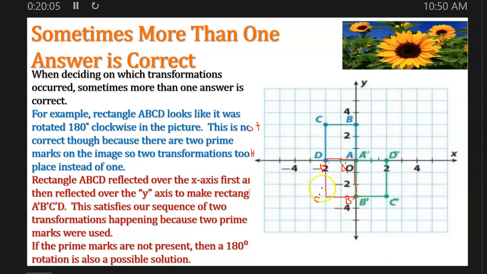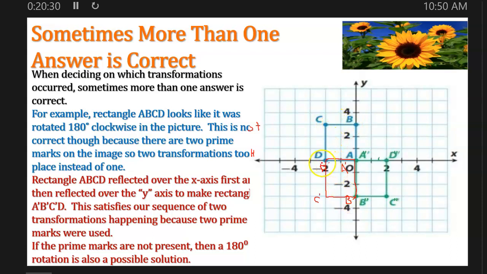Now, once it reflected over the x, it reflected again over the y in order to become the green rectangle. And I know this because the D and the A, the C and the B is now turned around, so it's differently oriented than it was before. So the orientation changed from the blue to the red. The CB is on the bottom now instead of the top up here.